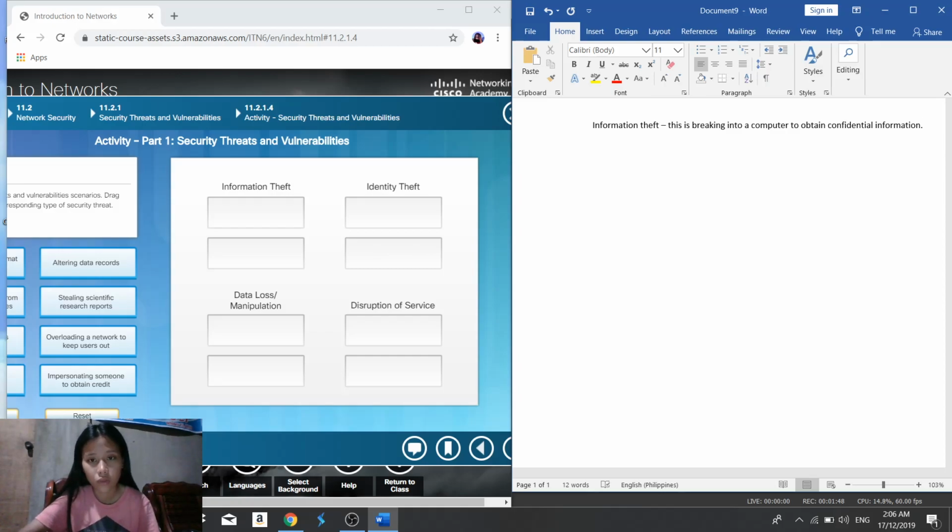As we all know, information theft is breaking into a computer to obtain confidential information. This information can be used for various purposes.